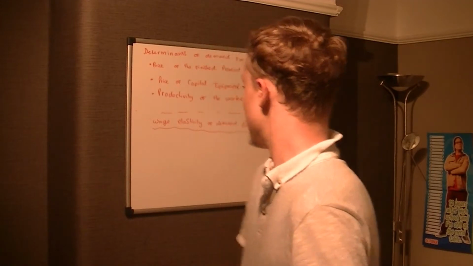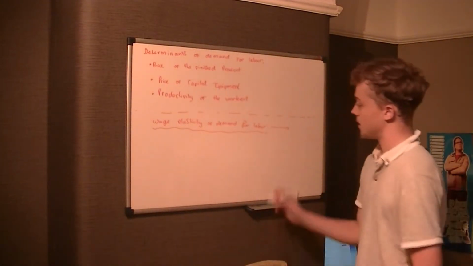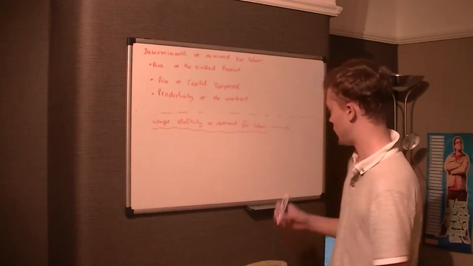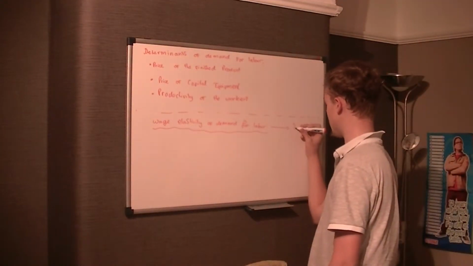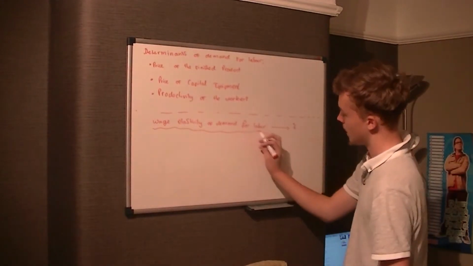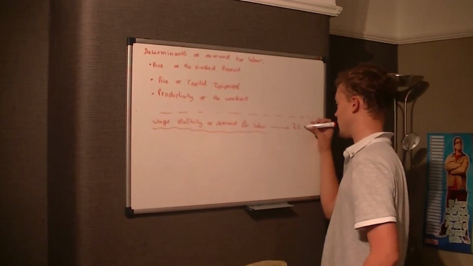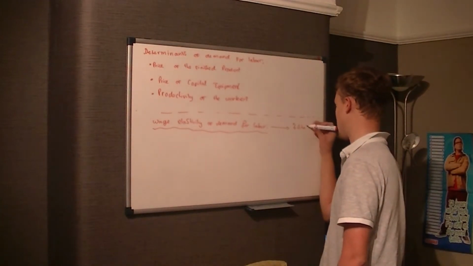We did the percentage change, if you remember, of demand on the top, which of demand for labour. So we're going to put percentage change in labour demanded, or demand for labour.